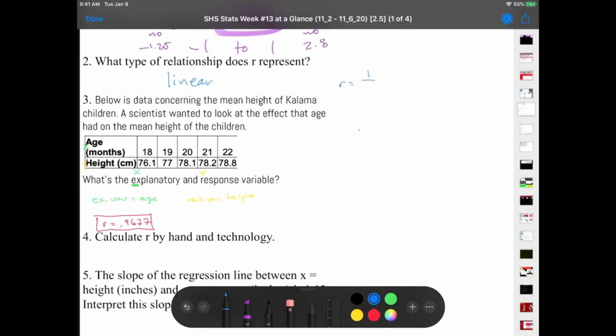R equals 1 over n minus 1 times the summation of all of the x values subtracted by the mean. I forgot to multiply that by the standard deviation of x times standard deviation of y.